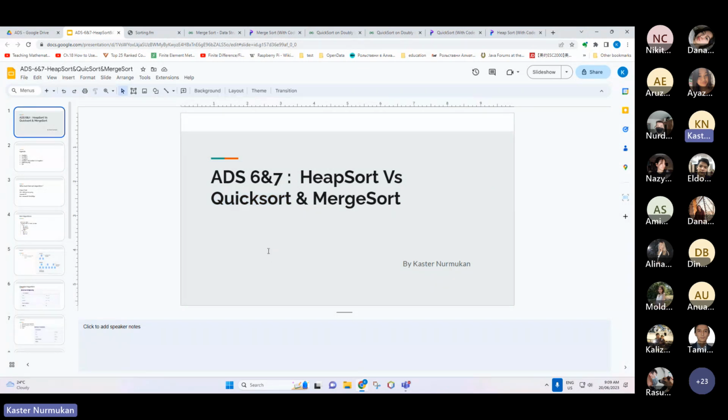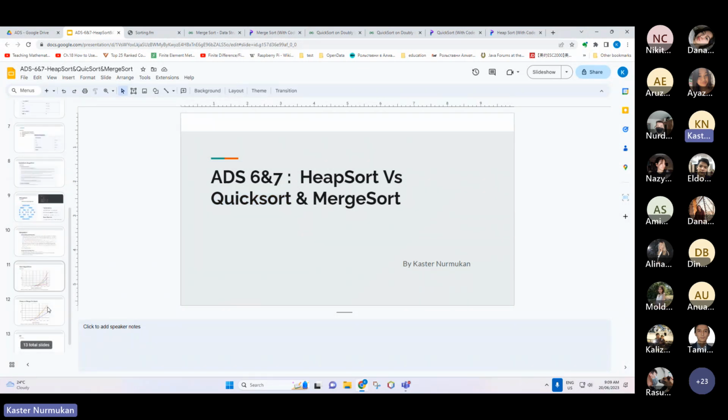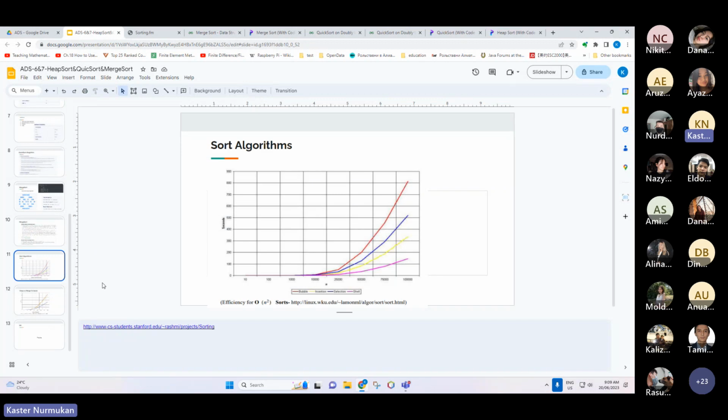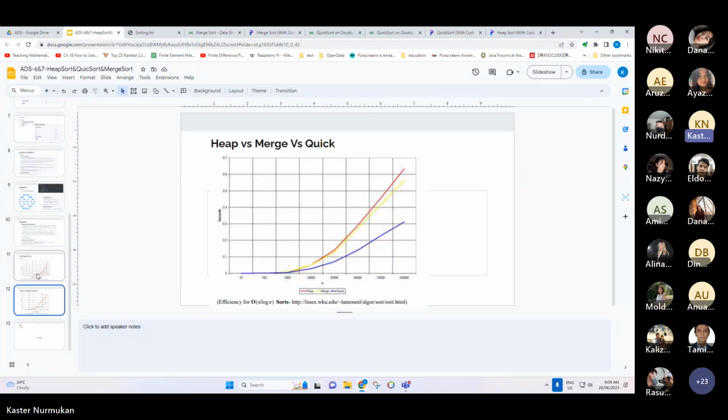But in practice, later on we will also talk about practice. In practice, quick sort is better than merge sort, as you can see.